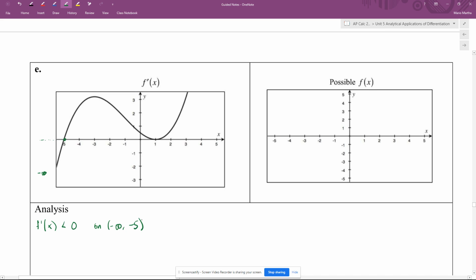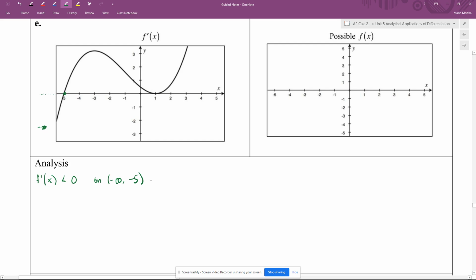And this has the implication that on f of x, the function is decreasing on that interval. Let me write the interval: on negative infinity to negative 5.